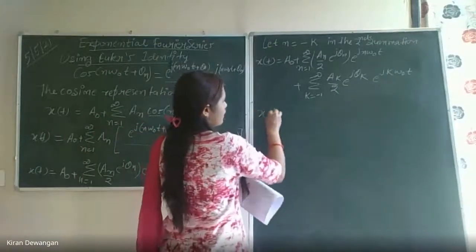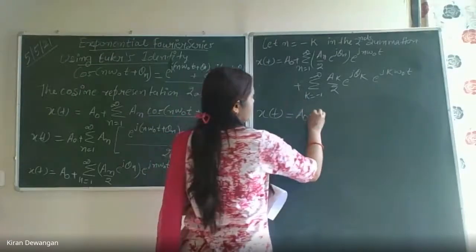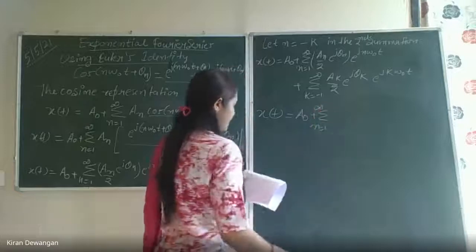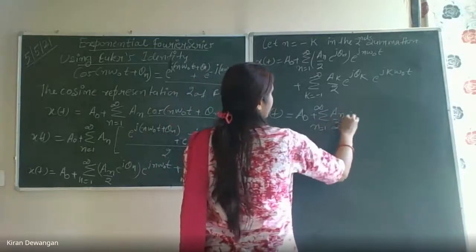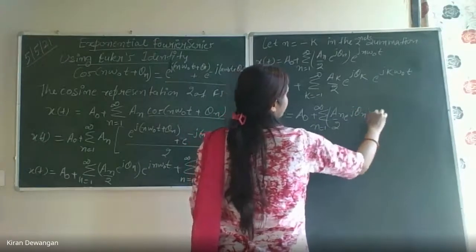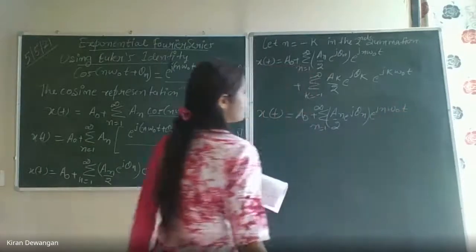Now we can write it as x of t is equals to a naught plus summation n 1 to infinity an by 2 e to the power j theta n into e to the power j n omega naught t. This is the first summation.